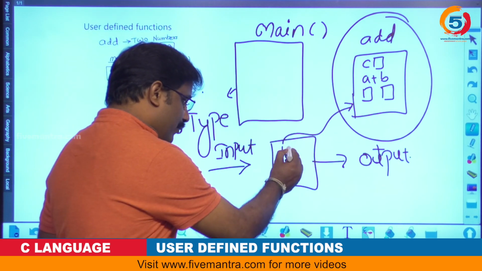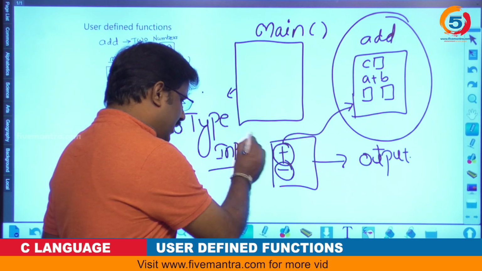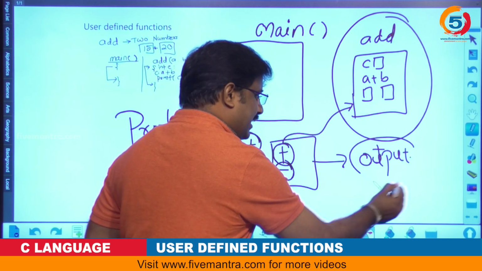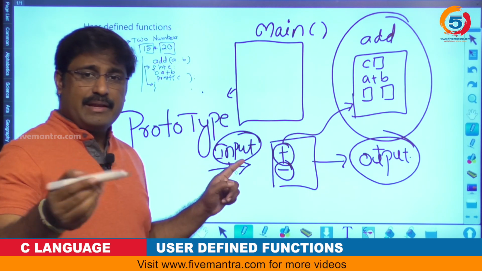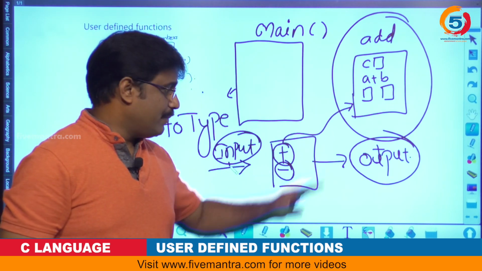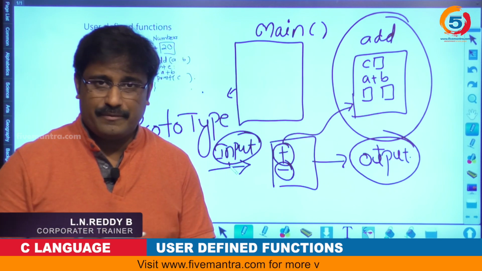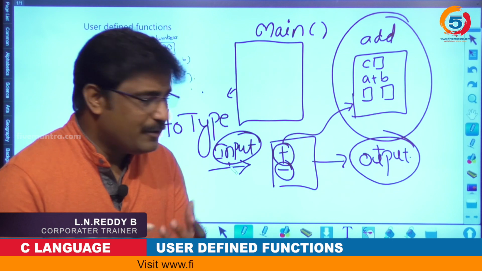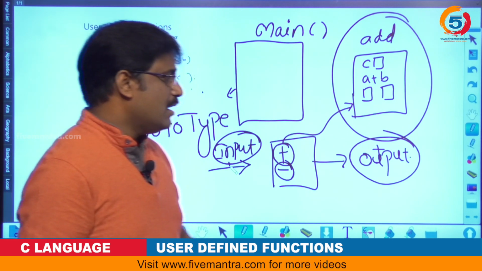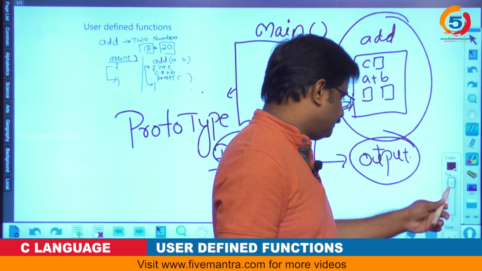Here the very important thing is what you are giving and what you are getting. When I am doing this, input is given with the help of a data type. Output also you will get with the help of a data type. Means memory is important.